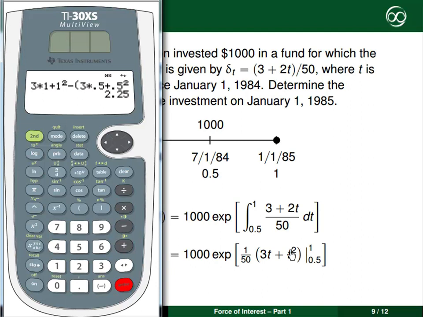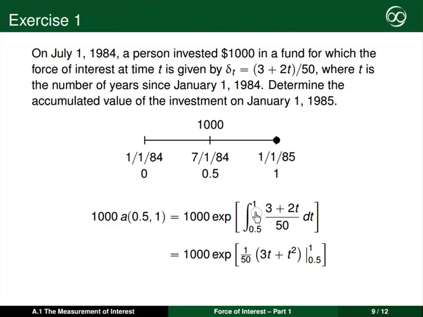Then I divide that by 50 and take 1,000 times the exponential of that, and I get 1,046. So 1,046 is my accumulated value, and so I put a box around it.